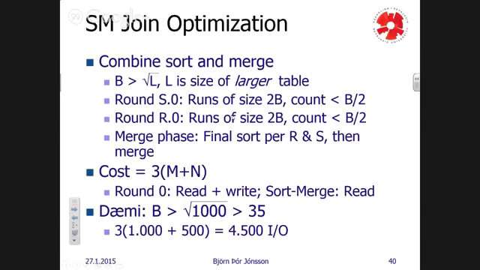And so this optimization that I mentioned: if we can fit intermediate results into memory, then we can go through one relation and create the sorted runs. And then we go through the other relation and create the sorted runs.